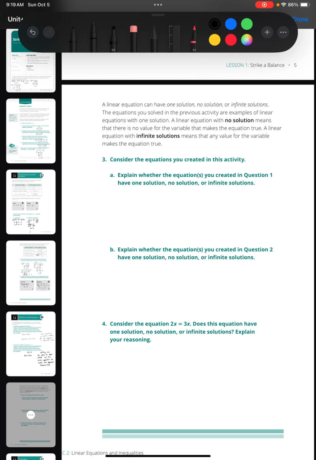For the equation created in question 1, let's say I added x to both sides. So we had this statement. This is the one that's going to remain true no matter what we did. Well, if I subtract, let's say, x from both sides to try to move those all to one side, we're going to see that our variable cancels out on both sides.